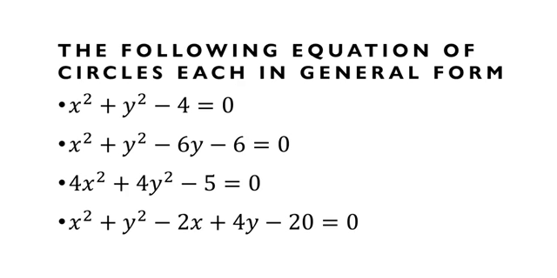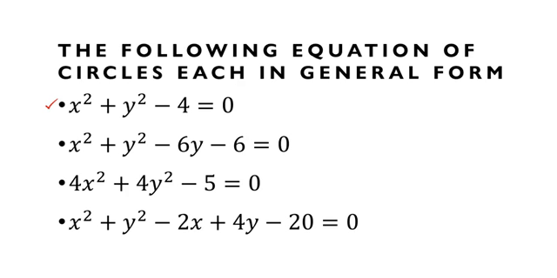Okay, so the following here shows the equation of the circle in its general form. So here, the a is 1. You can see here that the a here or the b here is also 1. So this would be a circle. Later on, I'll show you how to determine if it's a circle just by the general form.